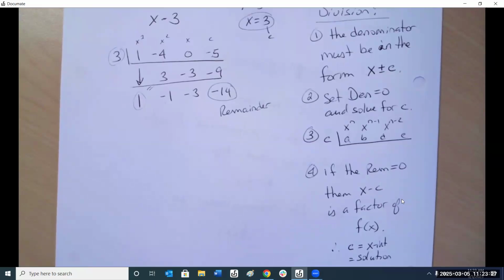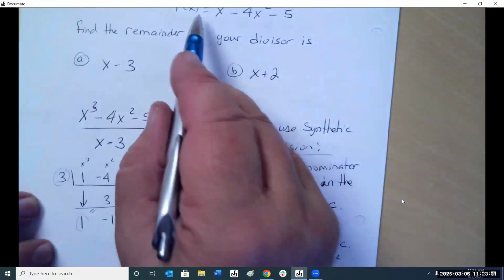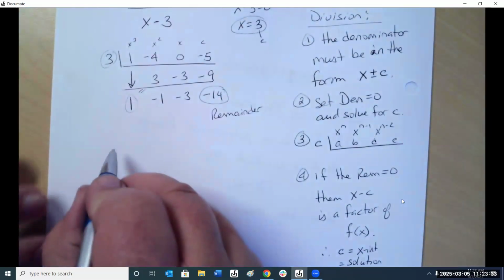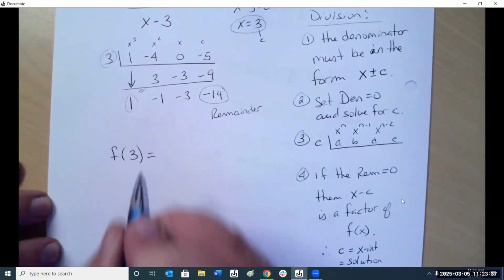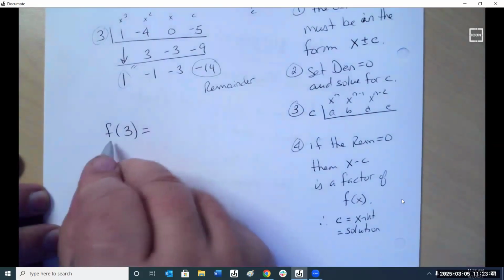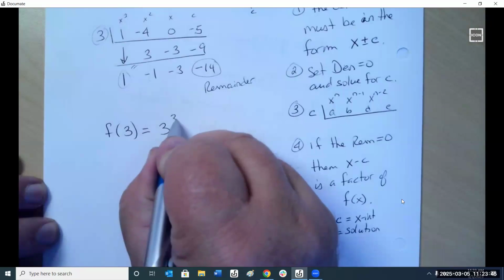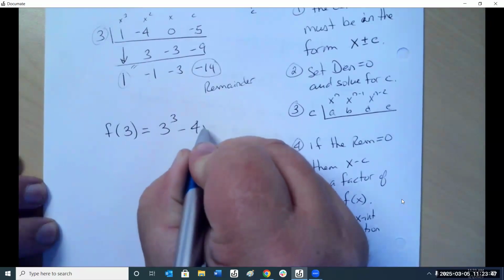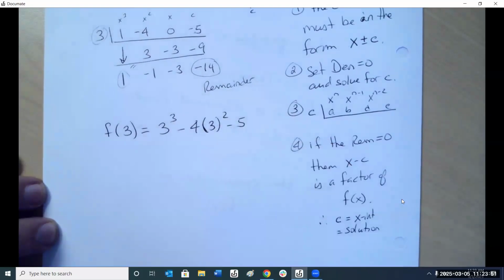But here's another cool thing. In this equation here, if I ask you to find this, you would have to go through all this. 3 cubed minus 4 times 3 squared minus 5.